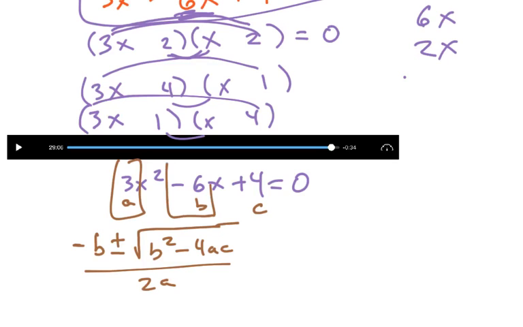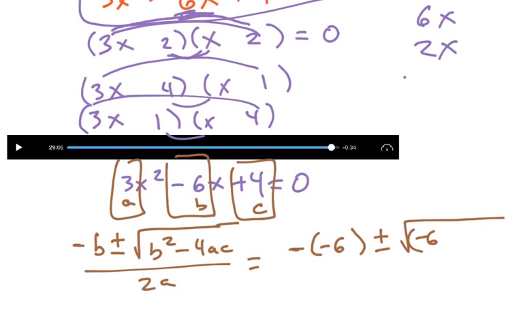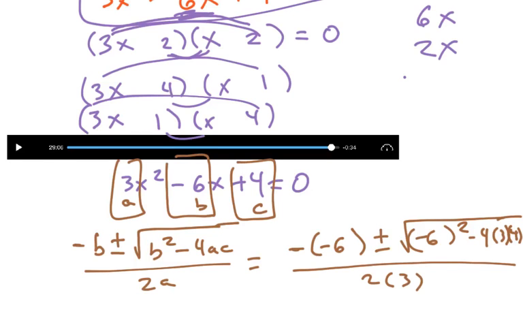Again, the big part about this is to pay attention to the signs. That's one of the biggest places students make mistakes. a is 3, c is 4, all over 2 times 3.